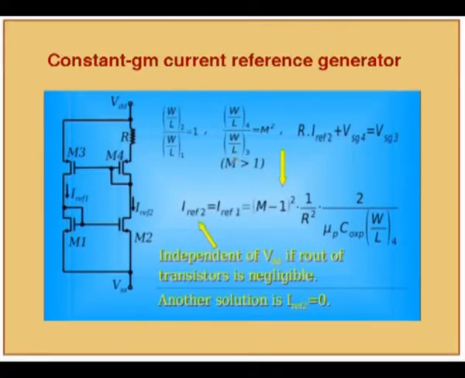So M is almost a constant value. But if it is an on-chip resistor, it will change with the process, and mu Cox will change with the process. But at least here we expect less variation than the 80% that we observed in the simple example.